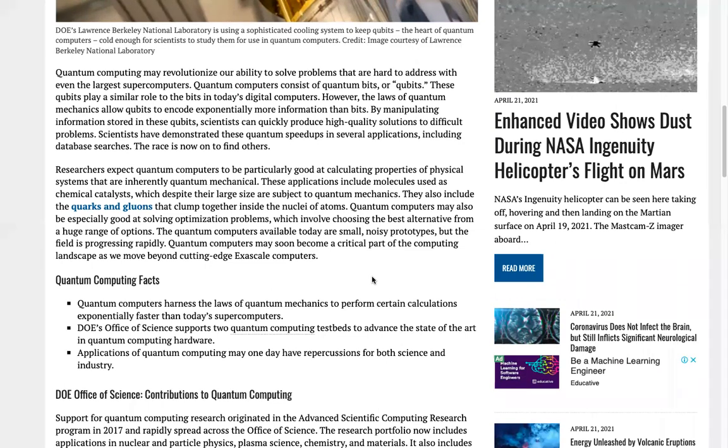They also include quarks and gluons that clump together inside the nuclei of atoms. Remember the atoms in the physics class? It was so tiny, and inside that atom we have proton, neutron, and nucleus. Inside that nucleus we have quarks and gluons. Just imagine the precision we're talking about.